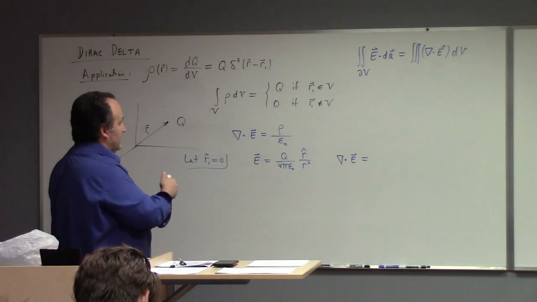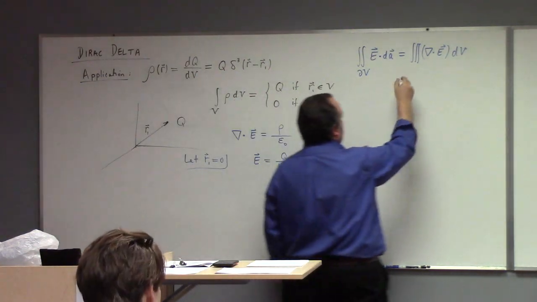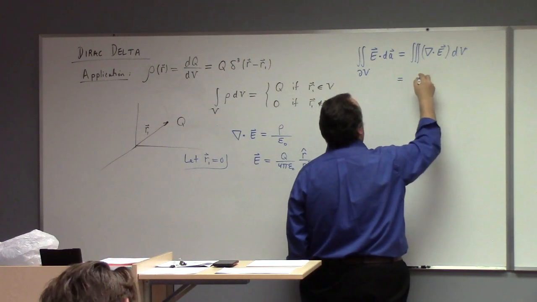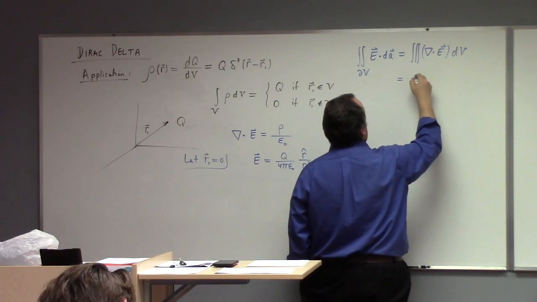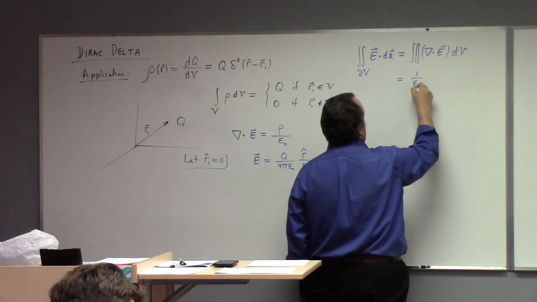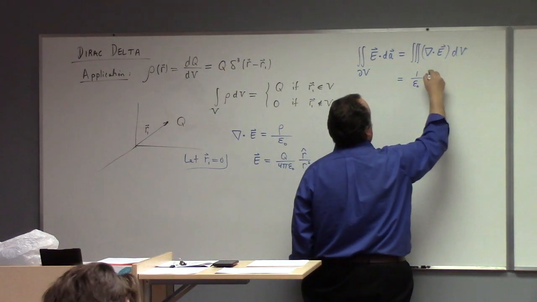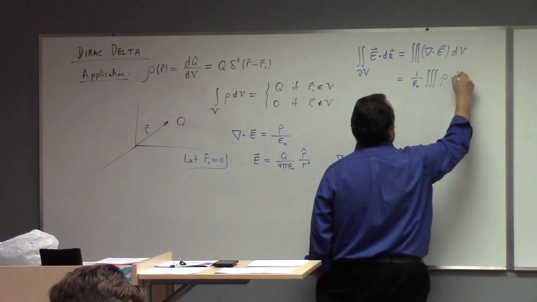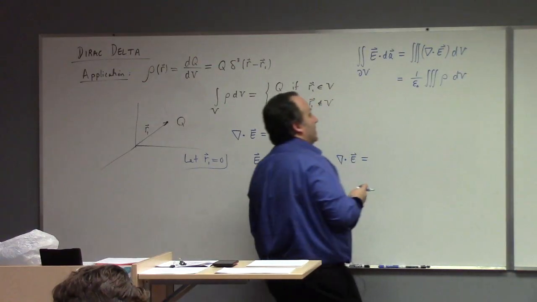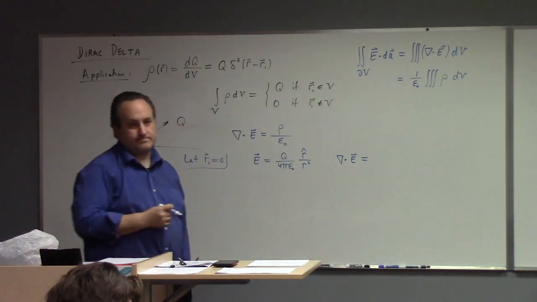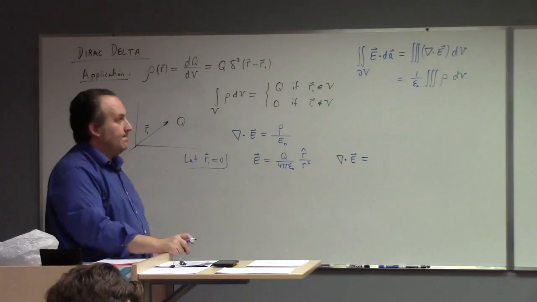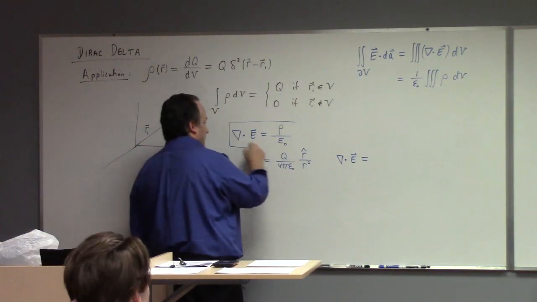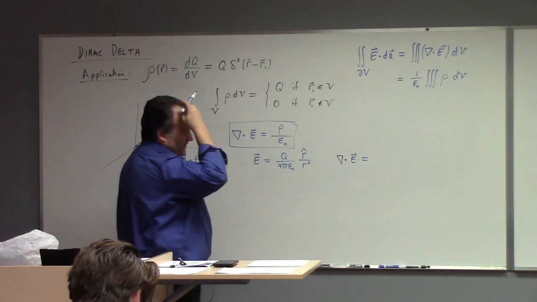So apparently that's supposed to be equal to 1 over epsilon naught times the integral of the charge density dV. Because Gauss's law says the divergence of the electric field is the charge density divided by epsilon naught.